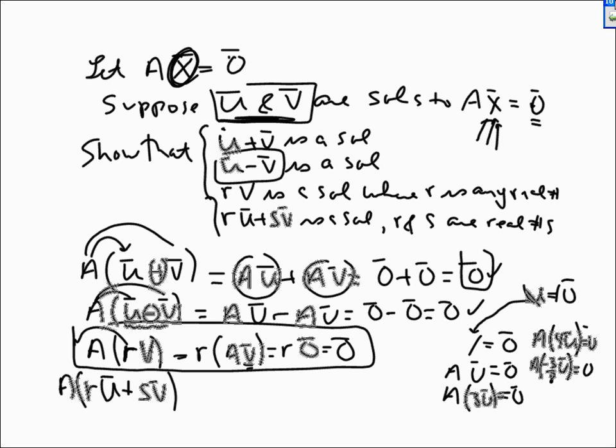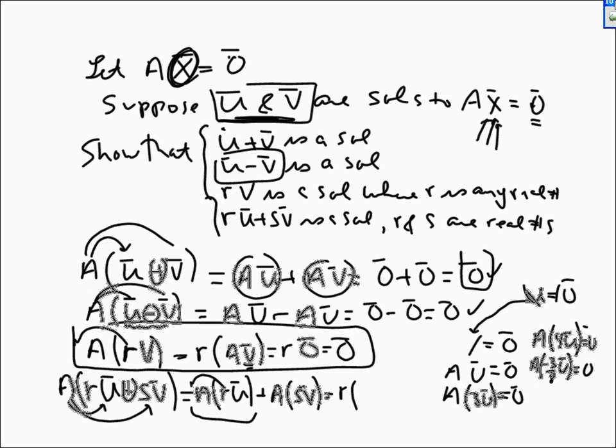Okay, now let's do the last one. We can distribute. We get A times the first vector, ru, plus, because it says plus, A times the second vector, which is sv. But now, in this first product, we can pull out the scalar.